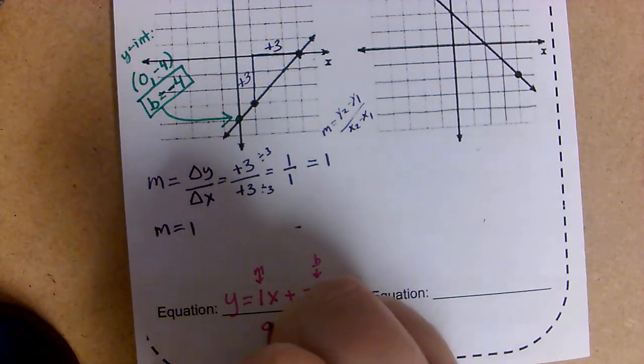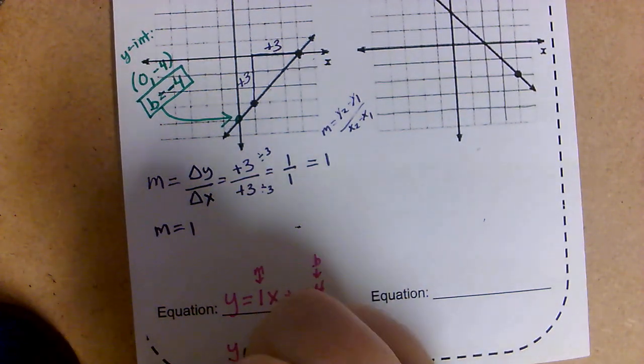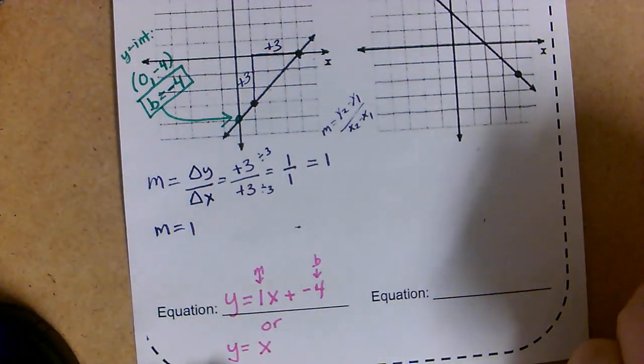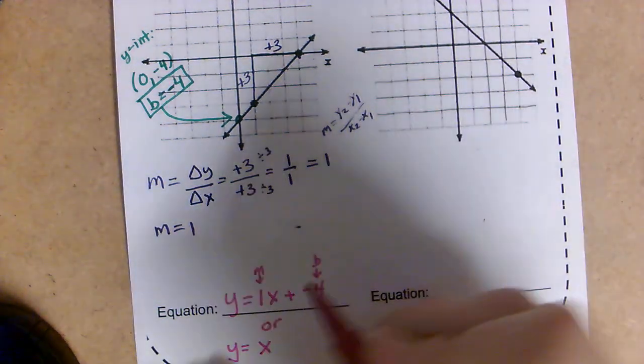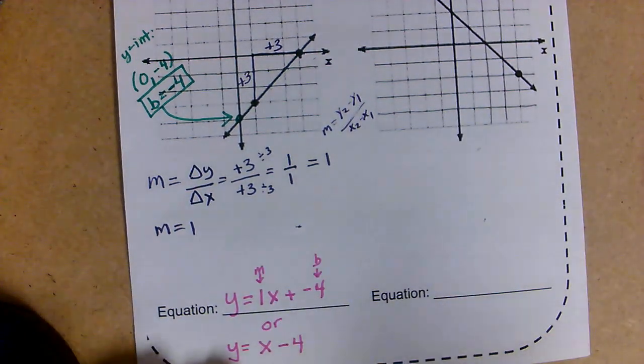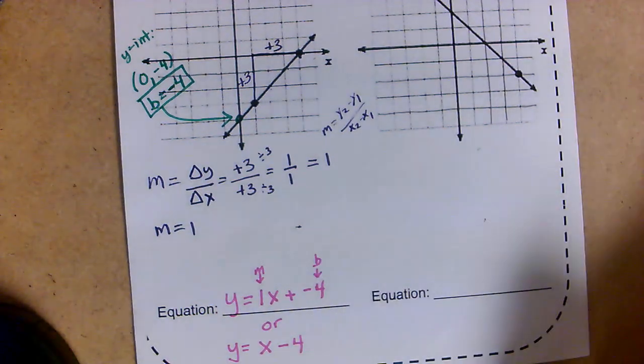I also could write it in a little simpler way. I could start with y equals. Instead of 1x, I can just put x, because if I just have an x by itself, that's a 1x. And instead of plus -4, I could just write -4. As you can see, there are lots of different ways to write your answer. You just have to make sure you're writing it one of these ways. Alright, so let's do the second one.